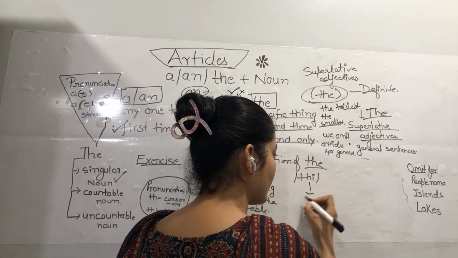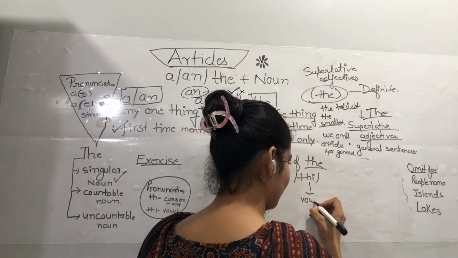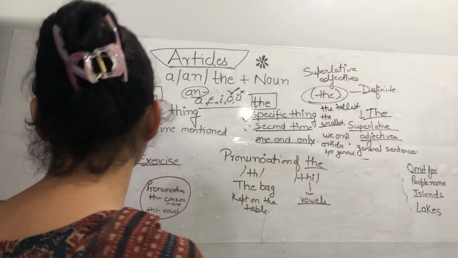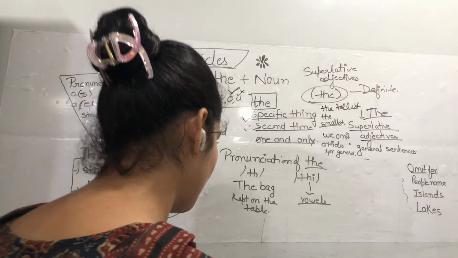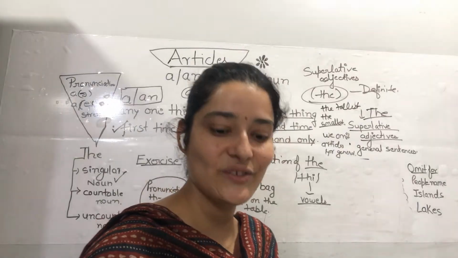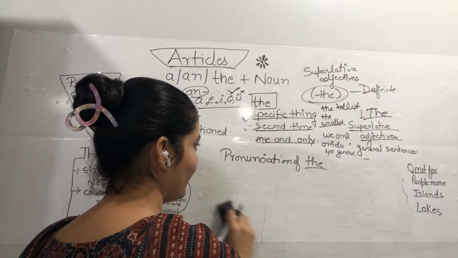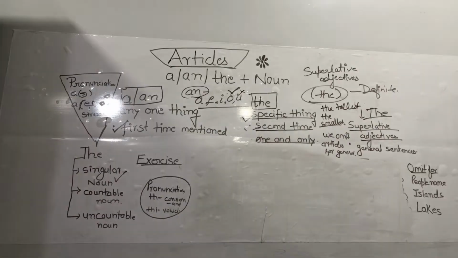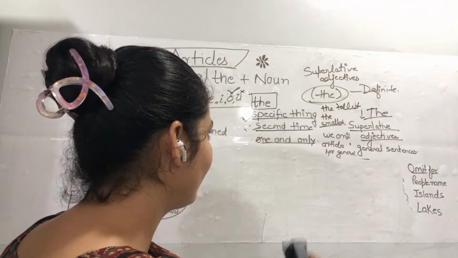The is used with vowels and the is used with consonants. But it is not the case here. Let me make it more clear to you. I'll explain something, then I will tell you the pronunciation.